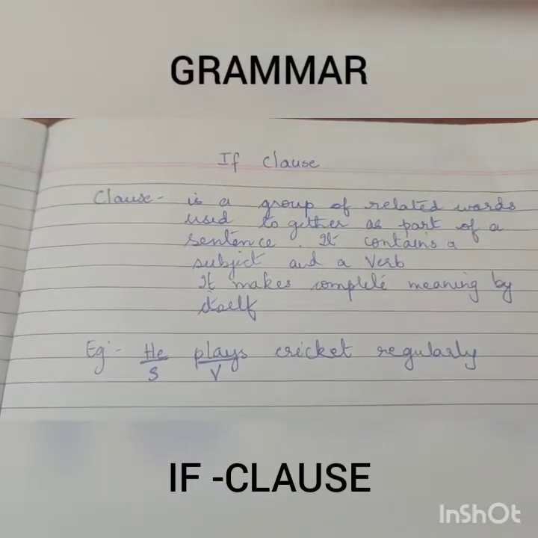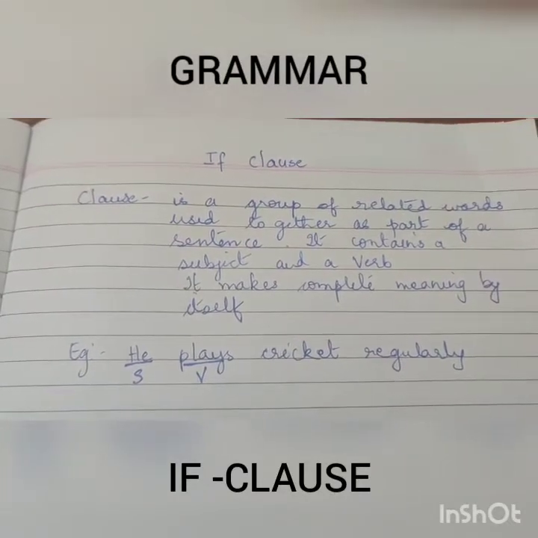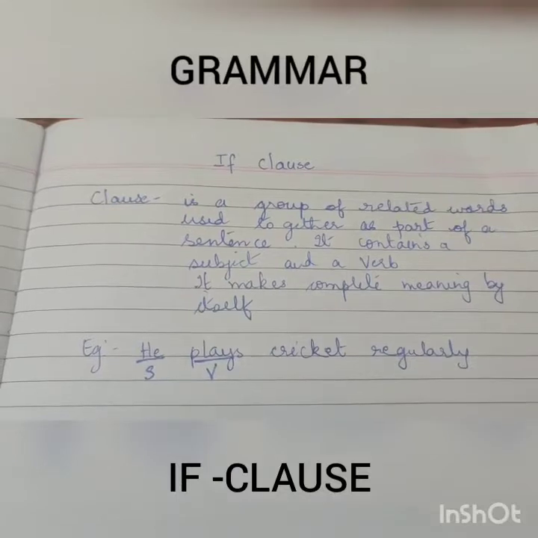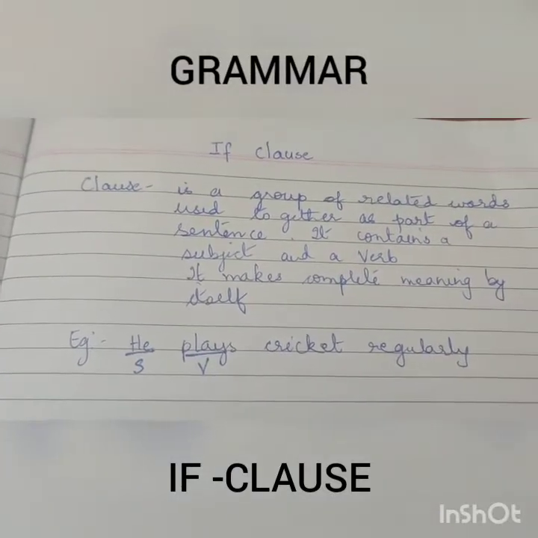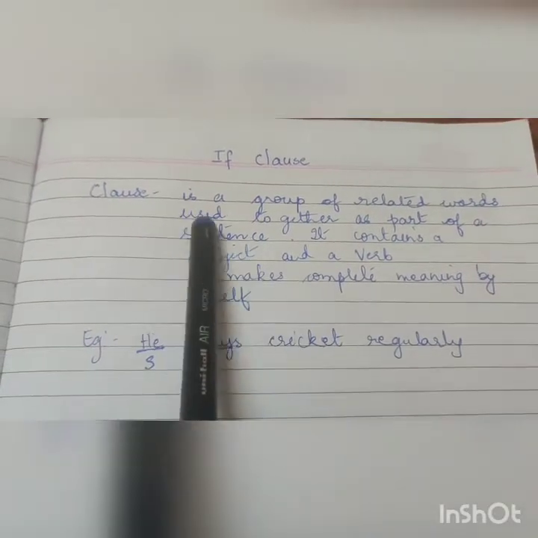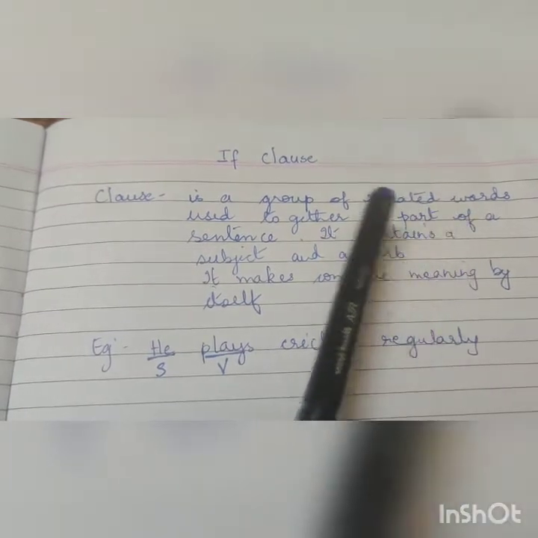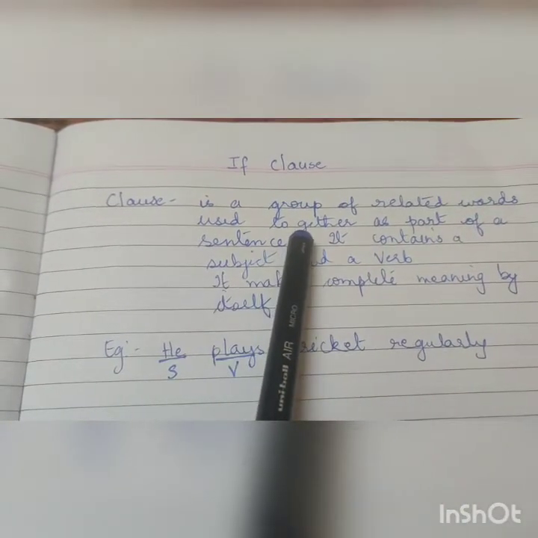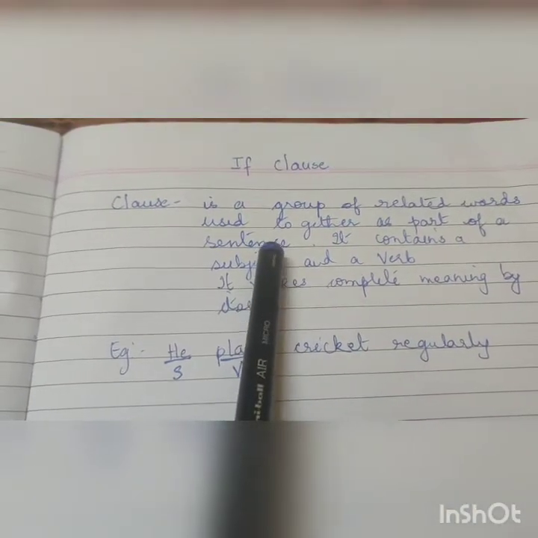Now when we talk about clauses, the very first thing we should know is what a clause is. A clause is a group of related words used together as part of a sentence.